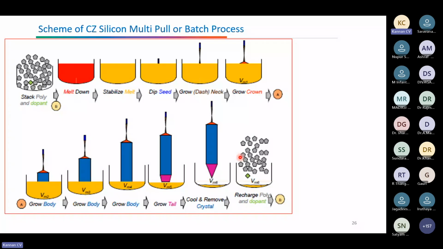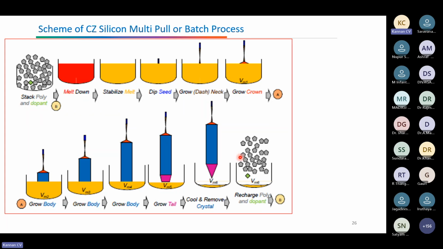And as I said, until a few years before, normally only one crystal was grown per crucible by the CZ process. Every time you have to load the polysilicon, you have to empty the crucible, turn off the furnace, clean it up and put in new material.